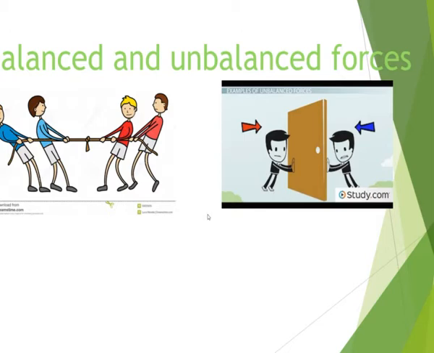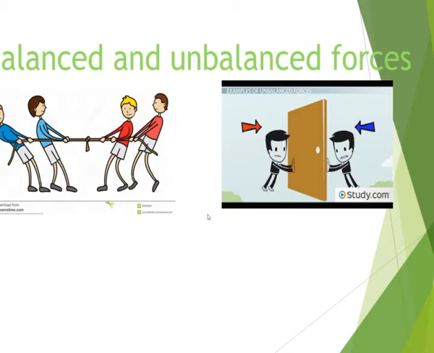First of all, look at the picture and tell me what you are watching. In the first picture we are watching two teams. They are playing, and I think the rope is stable. What is the meaning of stable? It's not moving to any of the two sides.